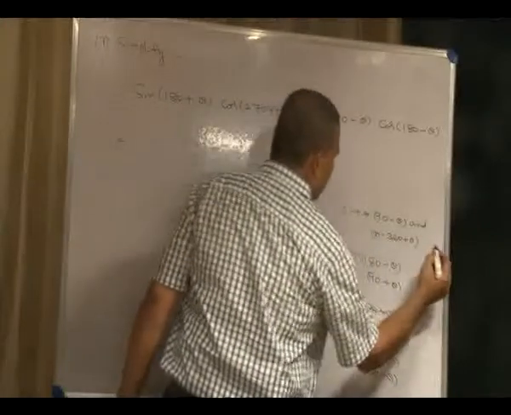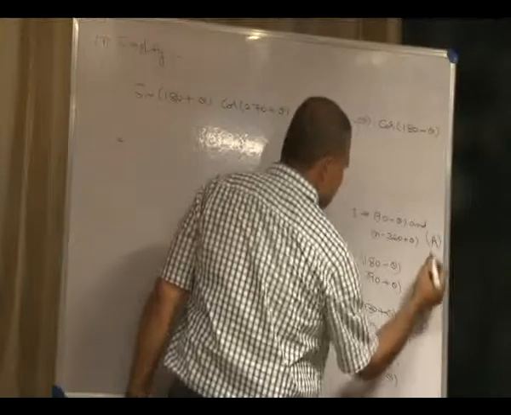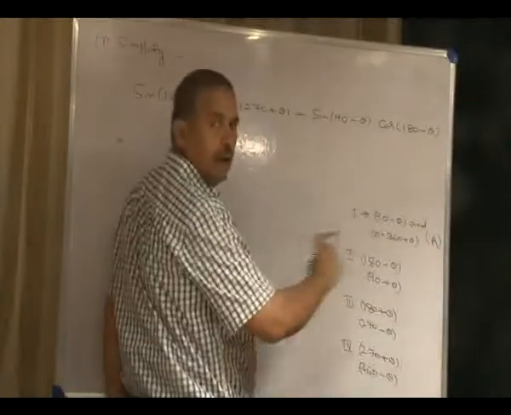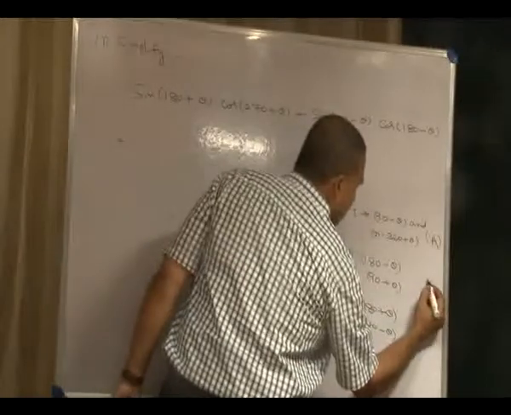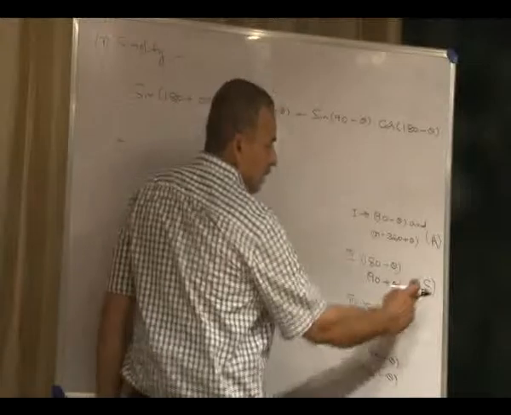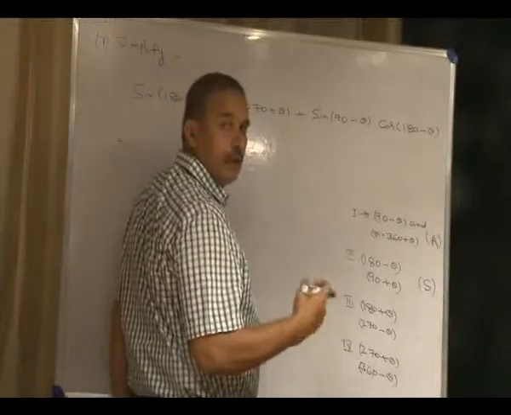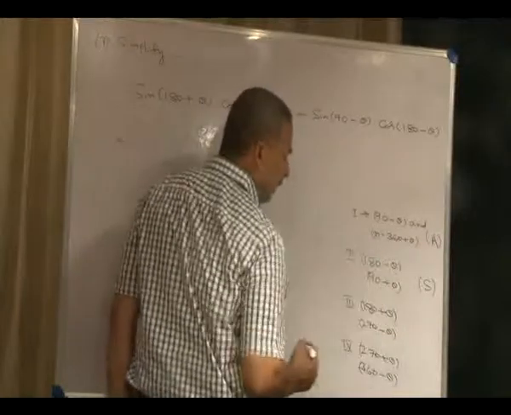In the first quadrant all the trigonometric functions are positive, that is A. S: in the second quadrant, S means sine and its reciprocal, 1 by sine. Sine and cosecant are positive in the second quadrant.